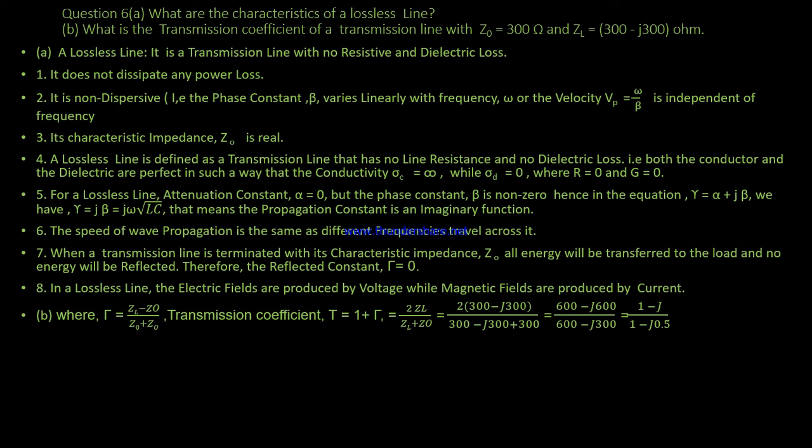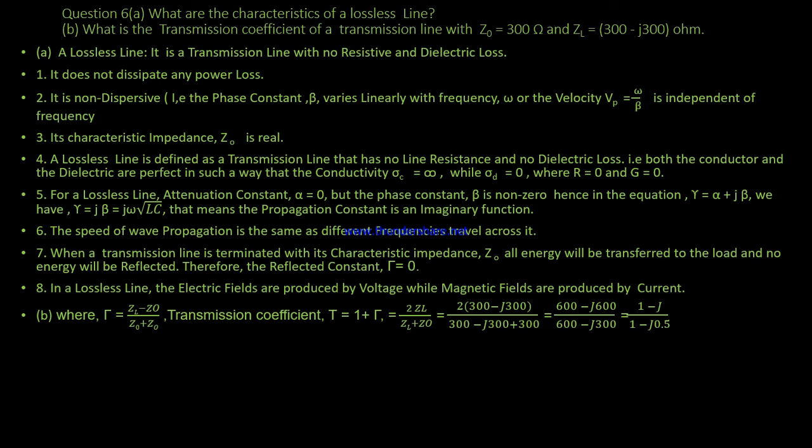Now we have the reflection coefficient to be ZL minus Z0 all over ZL plus Z0. So given that, 1 plus the reflection coefficient gives us 2ZL all over ZL plus Z0.